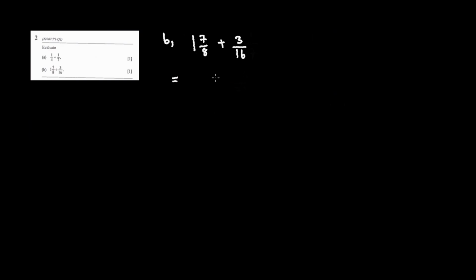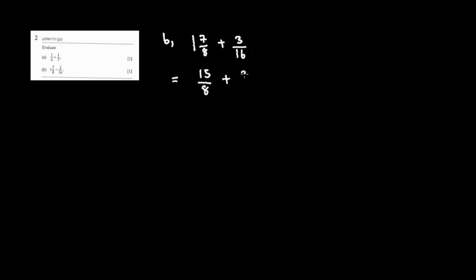What I mean is we take 1 and 7 over 8, which is a mixed number, and we convert it to an improper fraction. How do we do that? 8 times 1, we get 8. Then that 8 plus 7 is 15. So 1 and 7 over 8 is the same as 15 over 8.